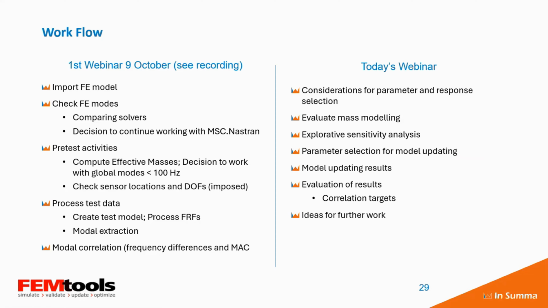We extracted the mode shapes, and then we compared with the simulation. So that was where we left it last time. Now we will continue with the sensitivity analysis. We will have to make decisions about parameters, response, mass modeling, do an explorative approach, updating, and then evaluate the results.